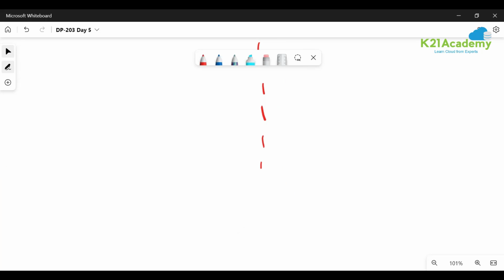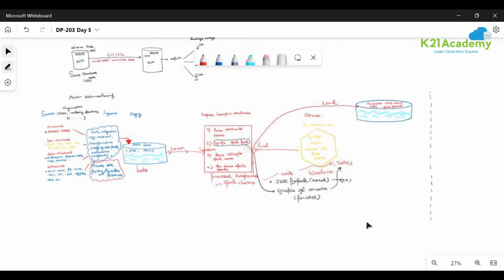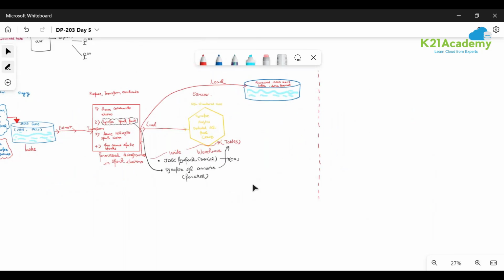Typically the job role of a data engineer is still here. Post that is business intelligence developers. Our work is to develop a multi-dimensional model in the data warehouse. Till here is your job, to develop the multi-dimensional model in the data warehouse. And then post that is semantic model development.